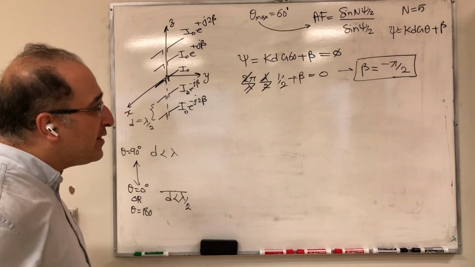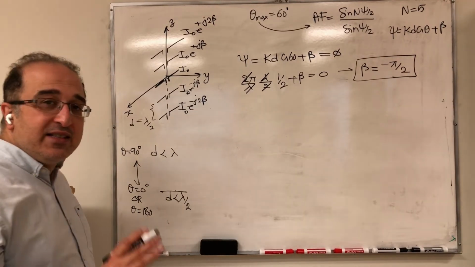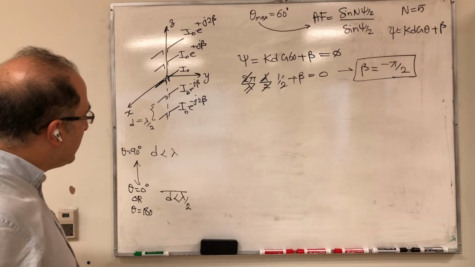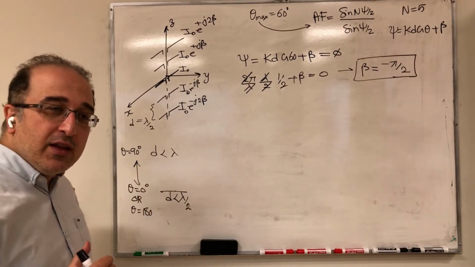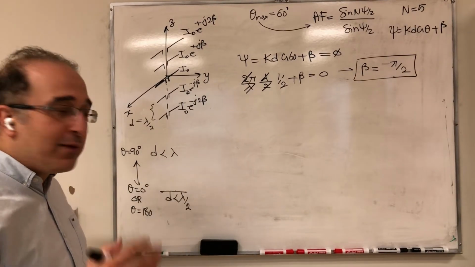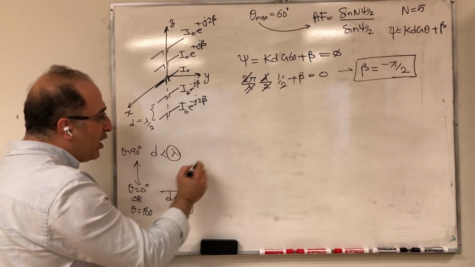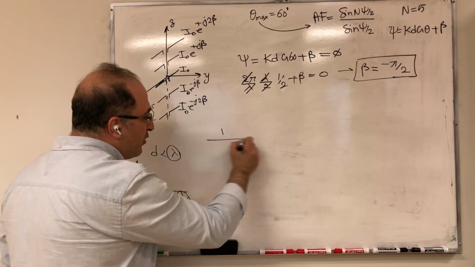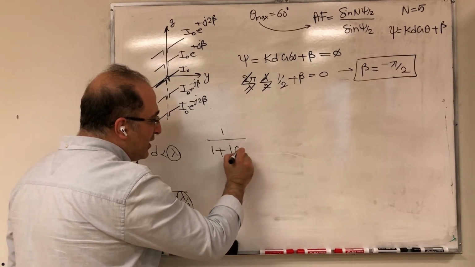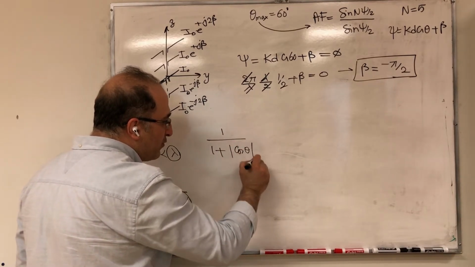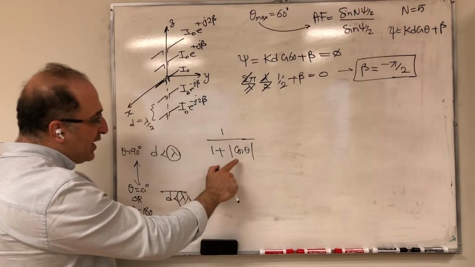In fact, if you look at the problems of the textbook, there is a problem related to the equation for separation so that we don't have grating lobes at an arbitrary angle. Instead of lambda divided by 2 and lambda, you get something like lambda divided by 1 plus the absolute value of cos theta max.